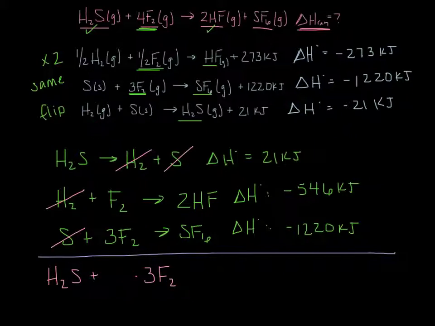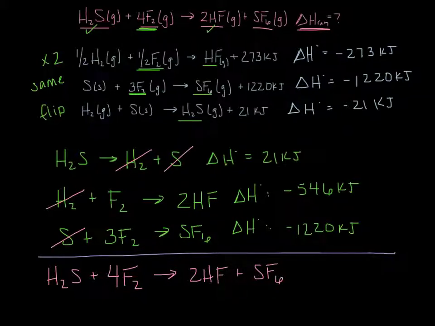So this can actually become 4F2 to 2HF plus SF6. And I checked to make sure that that's what I wanted up above in my equation, and it is, thank goodness.